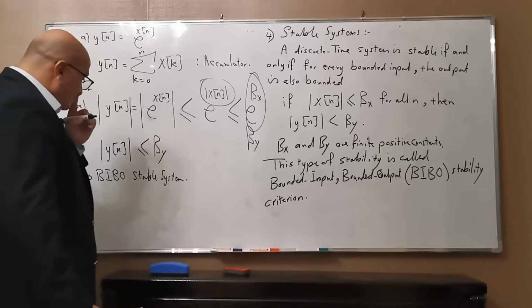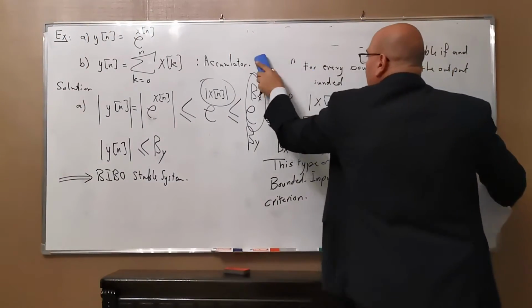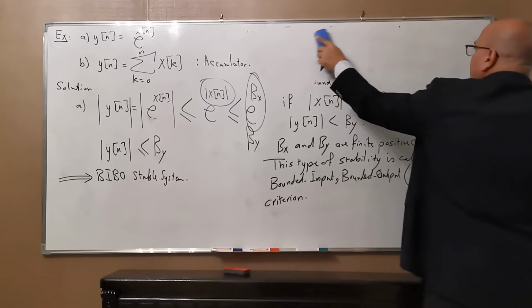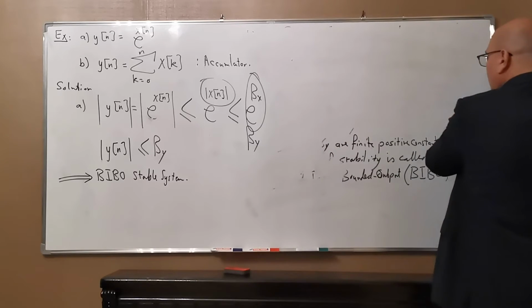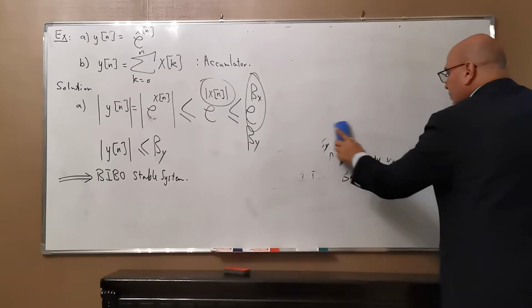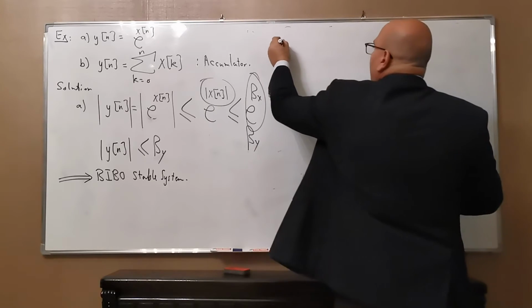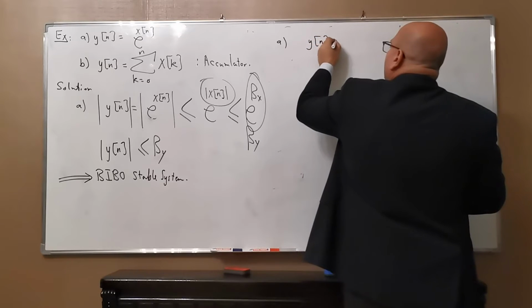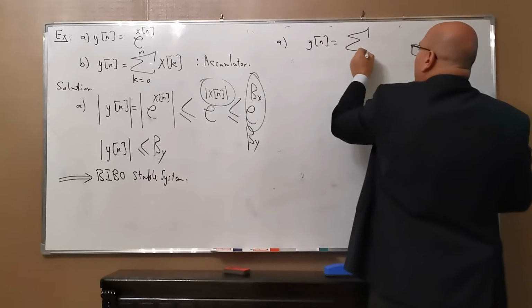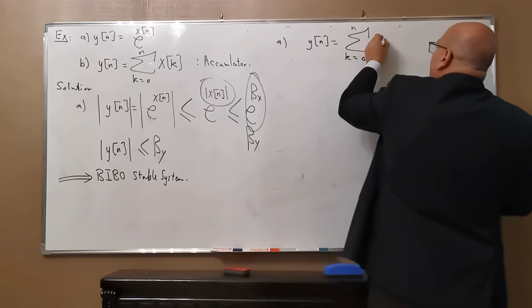Okay, now let's move to the next part and see how we can prove it. Part B, we also have y of n equal to the summation from k equals 0 to n of x of k.